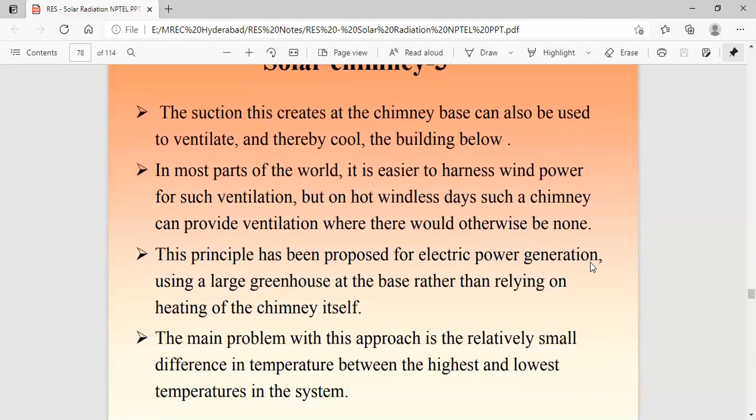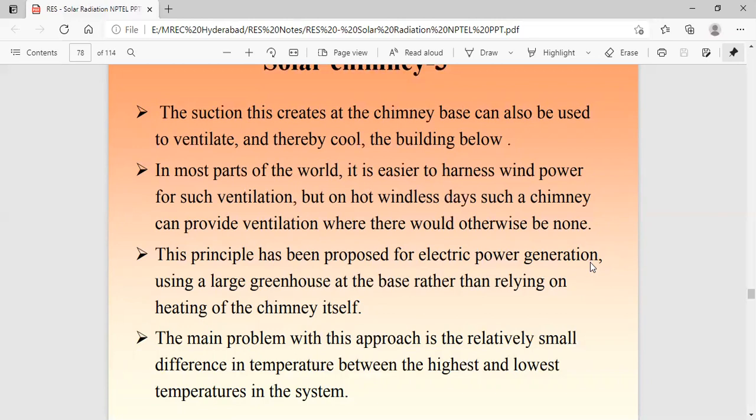The suction this creates at the chimney base can also be used to ventilate and thereby cool the building below. In most parts of the world, it is easiest to harness wind power for such ventilation. But on hot, windless days, such a chimney can provide ventilation where there would otherwise be none.